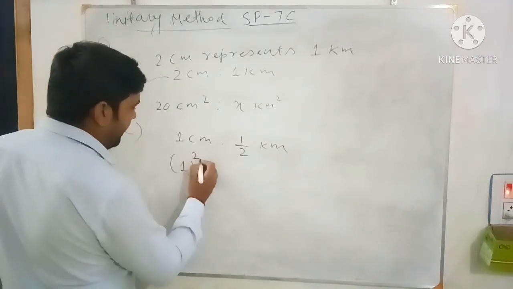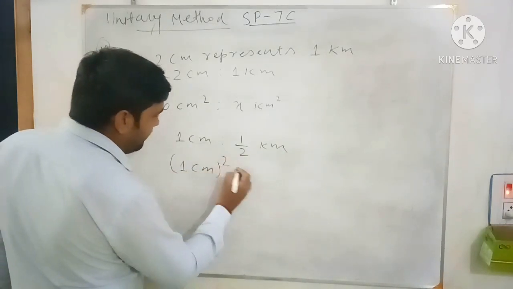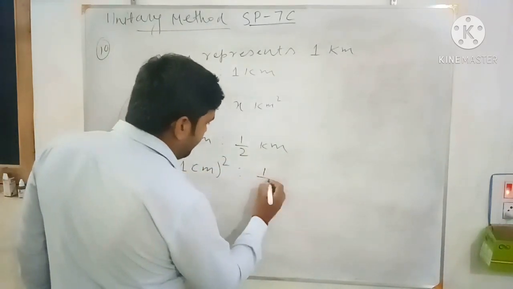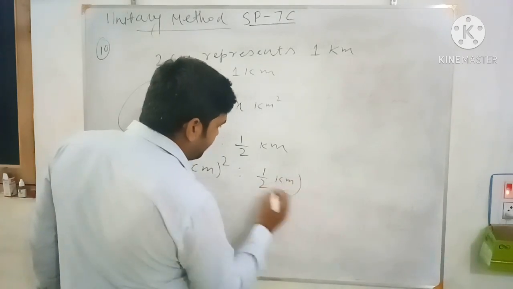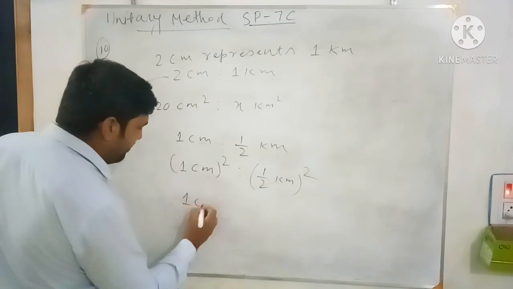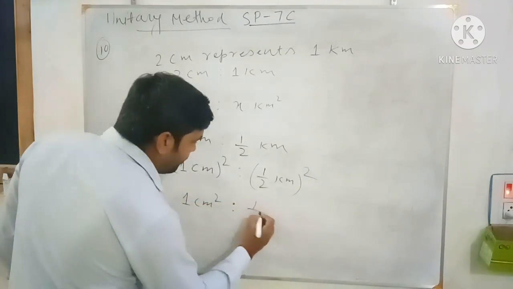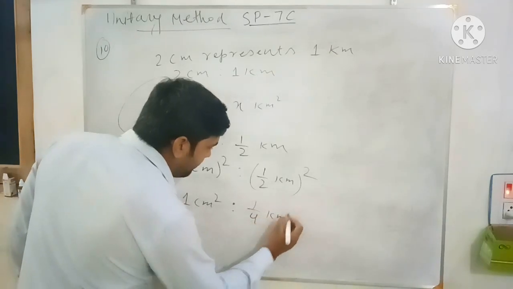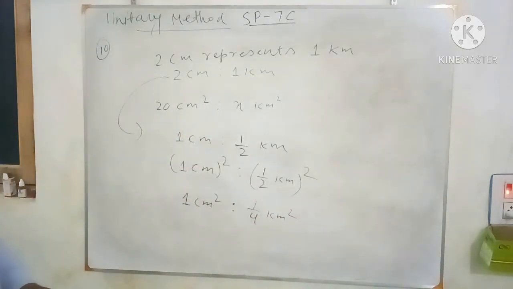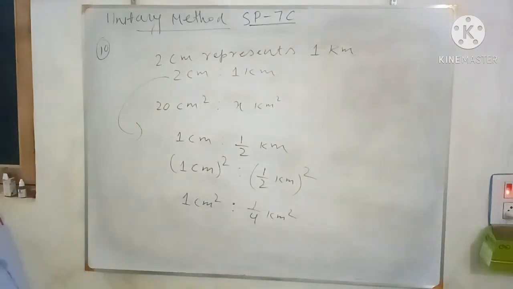So 1 centimeter square ratio is 1 by 2 kilometer square. Now see, 1 centimeter square gives you 1 by 4 kilometer square. So 1 centimeter square area on the map represents 1 by 4 kilometer square on the plot.